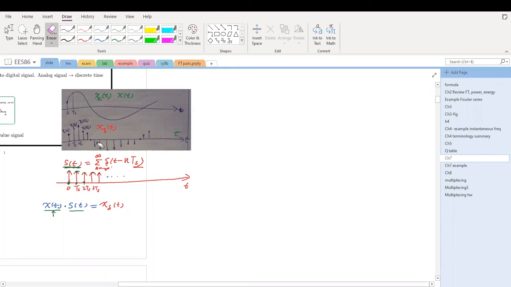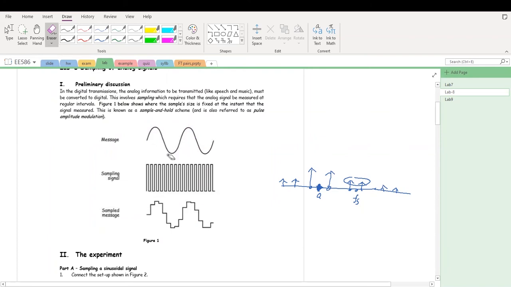Theoretically, the sampled signal is obtained by multiplication of the continuous time signal with an impulse train. But in real, practical systems, this impulse train does not exist because the duration of the pulse is 0. No such system can realize this impulse train. In the lab, the sampling procedure is achieved by a sample and hold module.